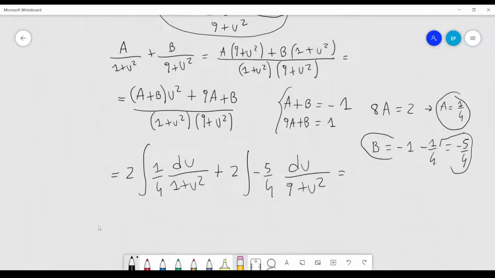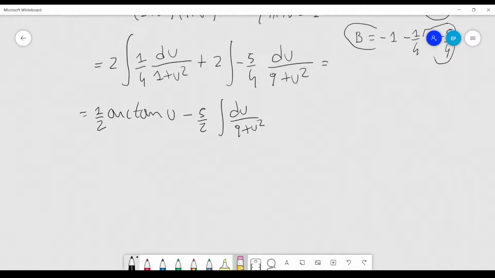Therefore, here we get 1/2 arctangent of u minus 5/2 integral du over 9 plus u squared. We can factor out this 9 here, so we can rewrite it as 5 over 18, and here we get 1 plus u over 3 squared. We also need to put a factor of 1/3 here inside this differential.